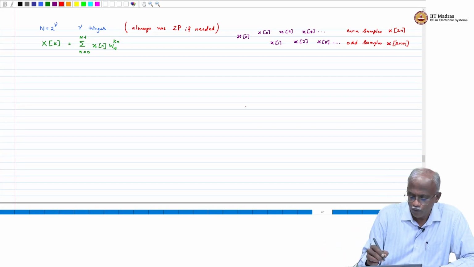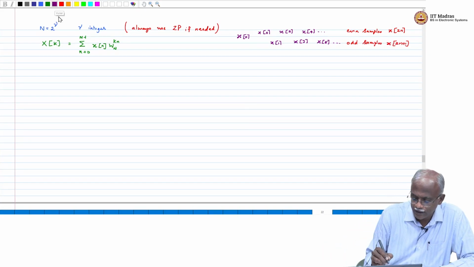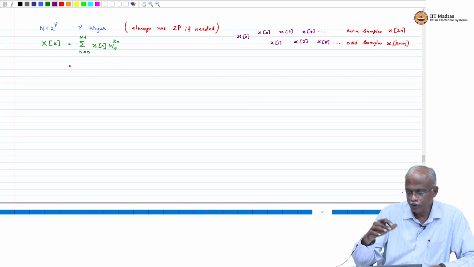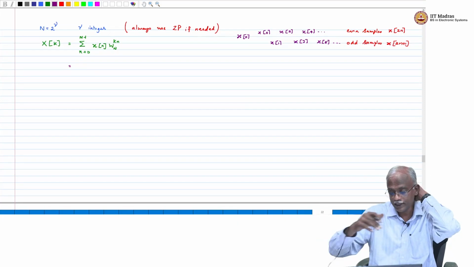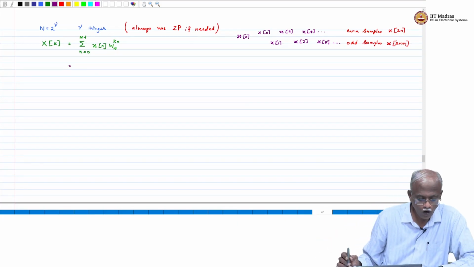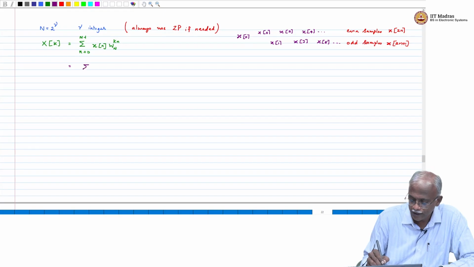Okay. Now, I'm going to split this summation into the terms which correspond to the even samples and the terms which correspond to the odd samples. So what am I going to do? I'm going to take the first summation, r is equal to 0 through n by 2 minus 1.